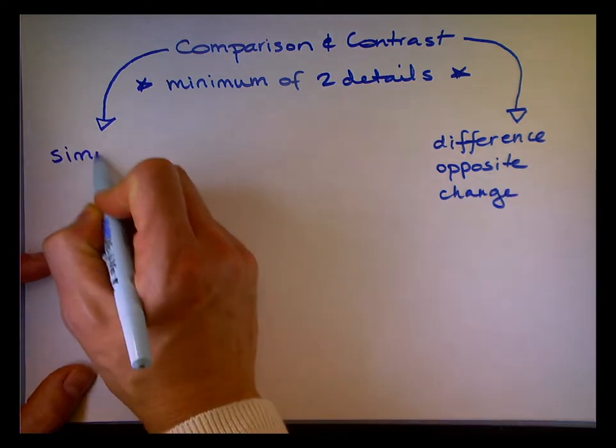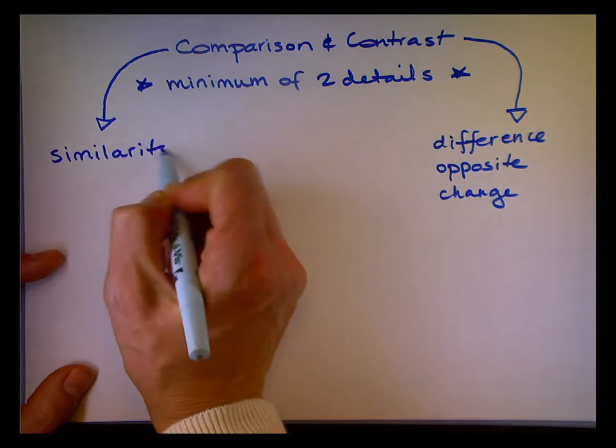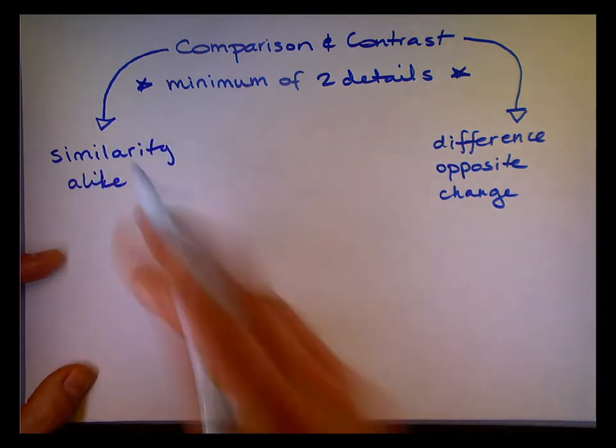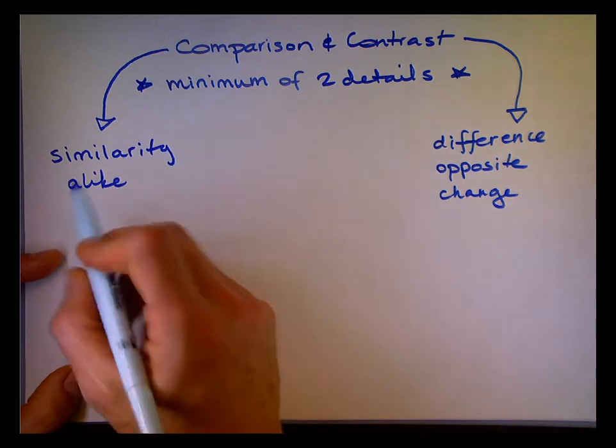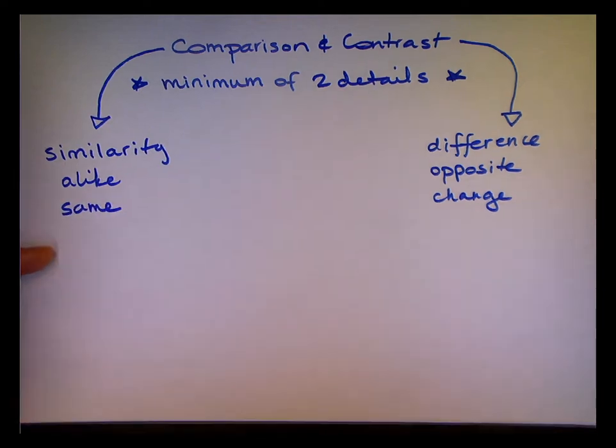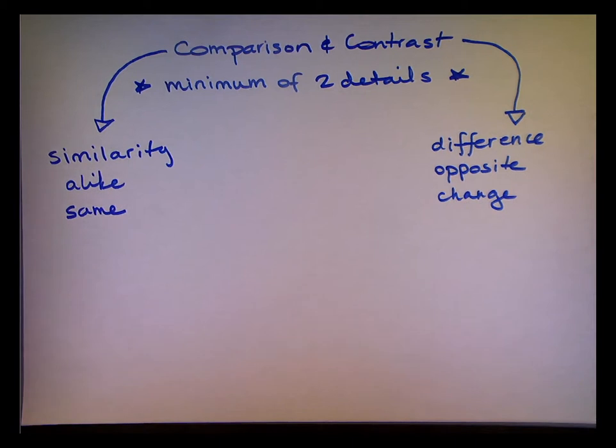All right, so if contrast is difference, what's comparison? Similarity. It's not how things are opposite, but how things are alike. And it wouldn't be how things change, it would be how things are or stay the same.